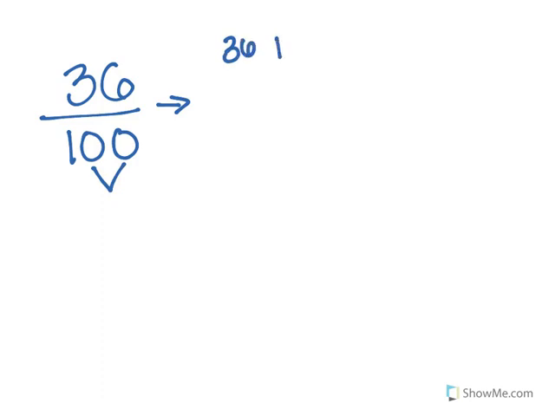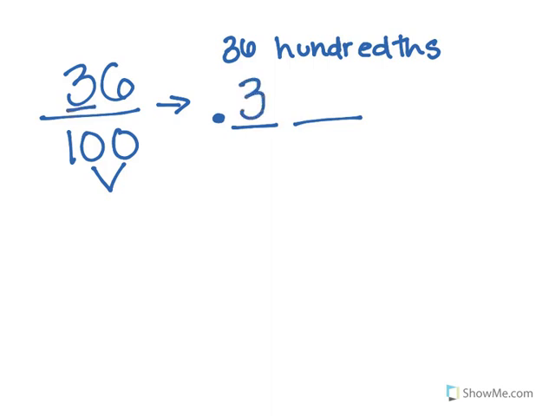Let's say I had 36 100ths. Okay, well, if I look at it, I can see there's two zeros, or I can realize this means 36 hundredths. So that means I need to draw my fraction, and I have my tenths, hundredths. So then I put in each digit, so I take this 3, write it there, take this 6, write it here.